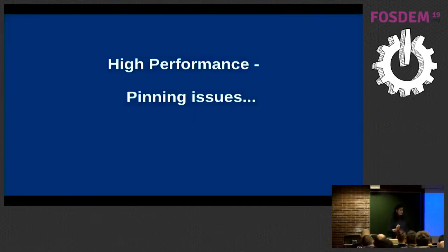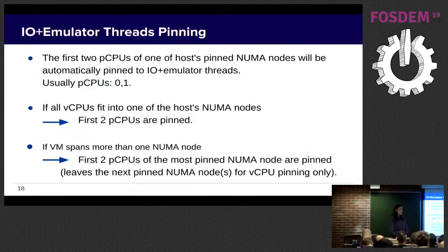Now I want to drill down a bit into the pinning issues that we described before. We talked about the manual, and we talked about the automatic. I mentioned before that we automatically set the IO and emulator threads pinning. The algorithm we choose for that is to look at all the physical NUMA nodes in the host.